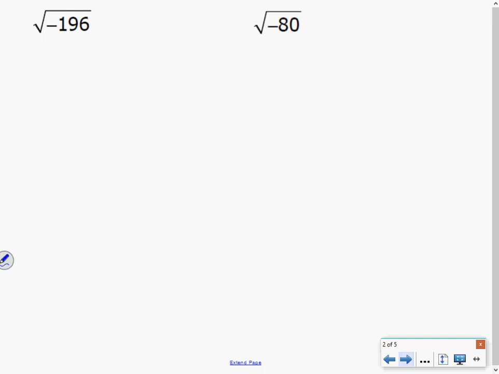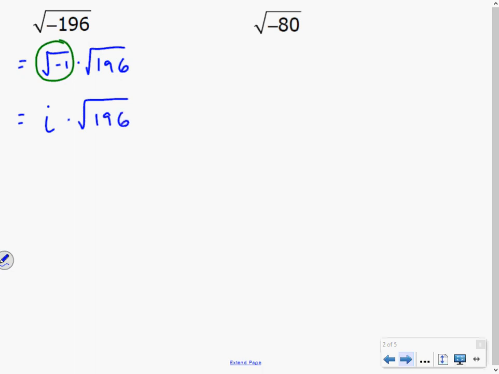I'm going to split this into the square root of -1 times the square root of 196. And the reason I do that is because we know that the square root of -1 is just i. So now I have i times the square root of 196, and I can continue breaking it down from there.